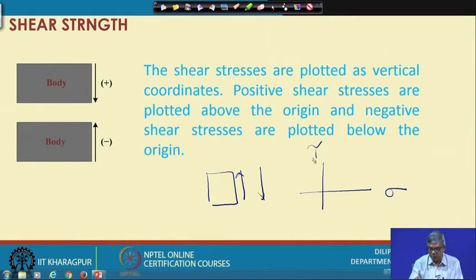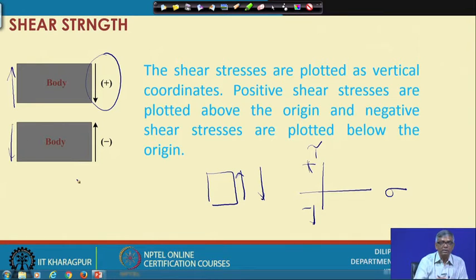So, plus this side, minus this side, based on the state of stress shown on the element. So, right face downward or left face upward, both are positive. Similarly, right face upward and left face downward is negative. So, this is the sign convention to be used to draw the Mohr circle.